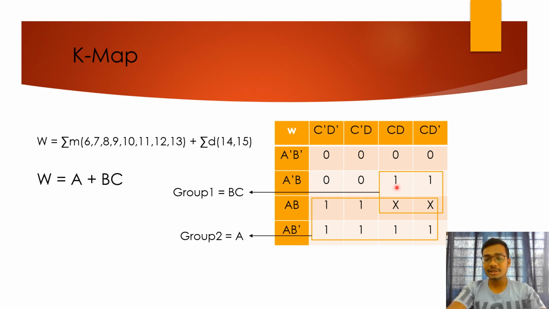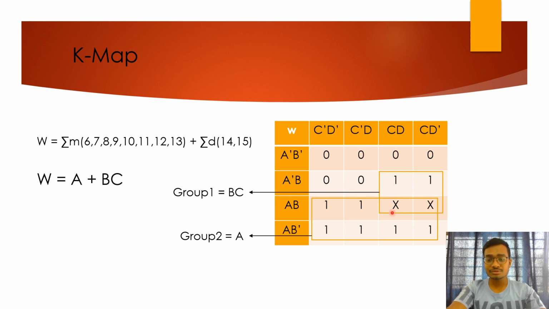Then one more thing is 1 1 X X. Here even I can have a pair, but including these two don't care conditions, I can have the maximum number of elements of 4 elements. That can be a quad. So these four things put together can have a group of BC.